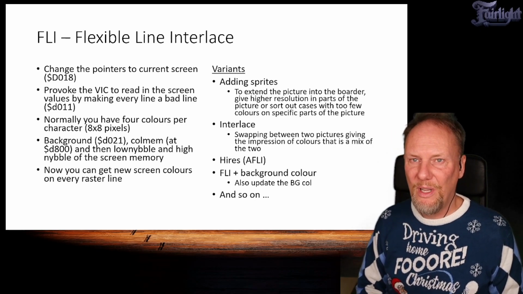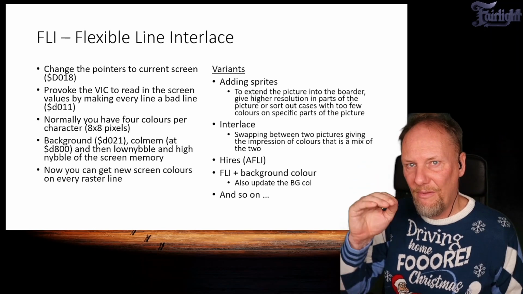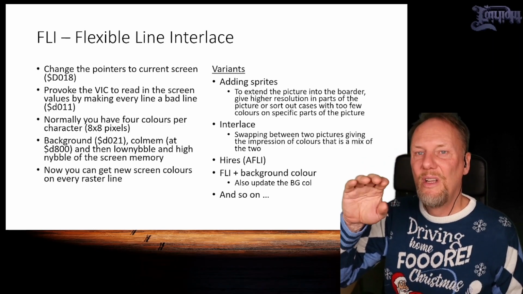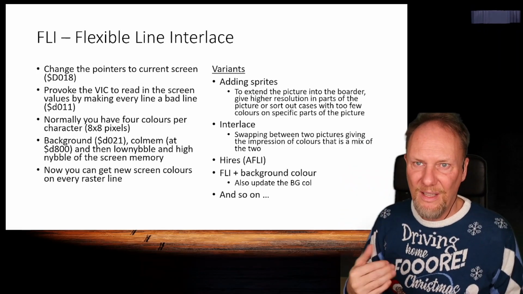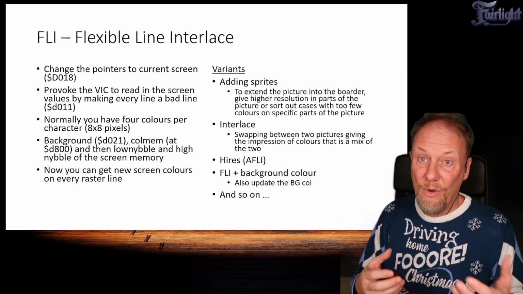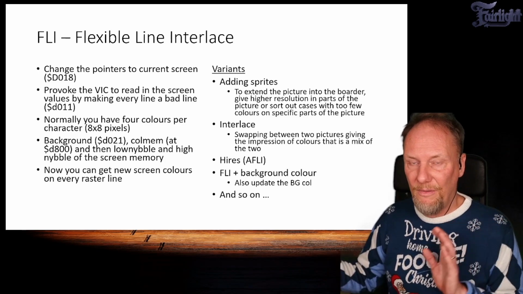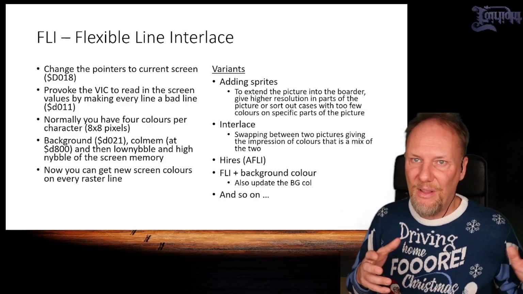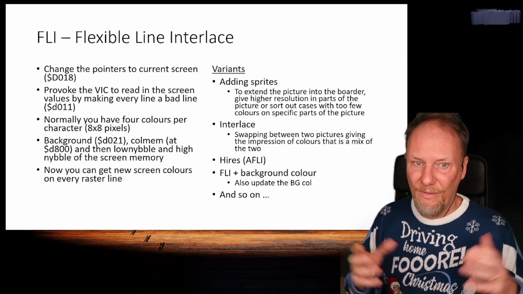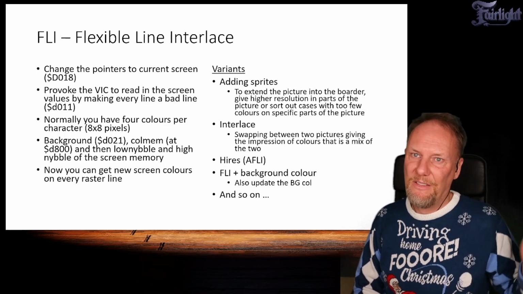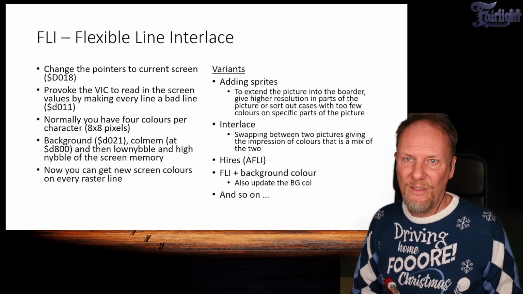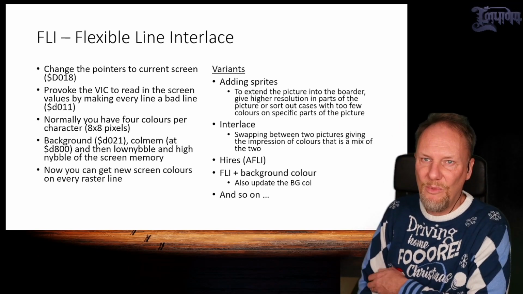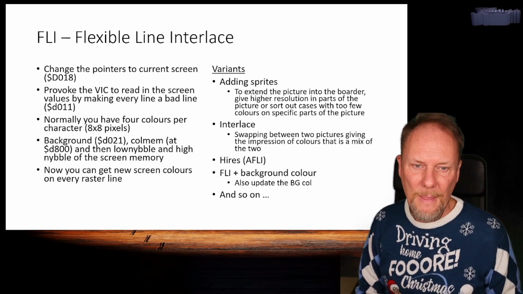But you are provoking a new screen memory on every row. So you have screen 0 on row 0, screen 1 on row 1, and so on. So that's the way you do it. And of course the files are rather big because you have the full 8K of bitmap, and then you have a full 8K of screen memory as well. Still, if the result is worth it, and you have space in your memory and CPU time to show it, then why not?